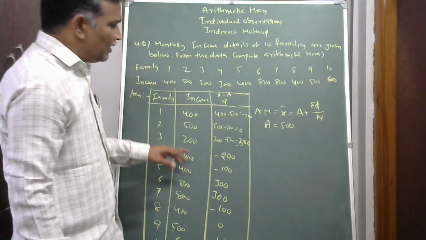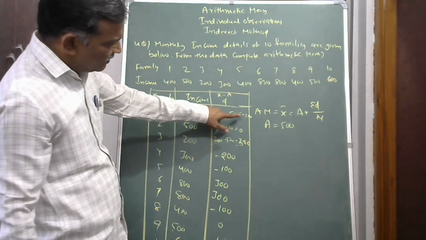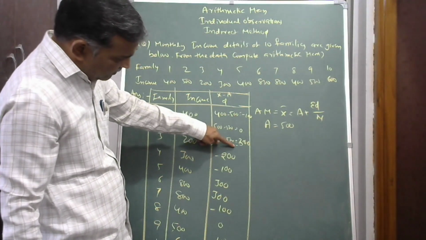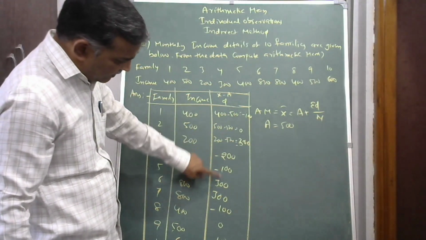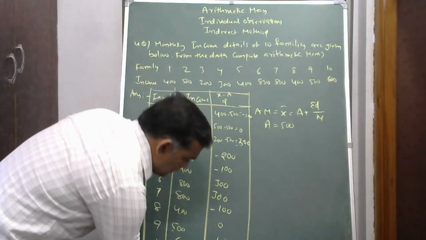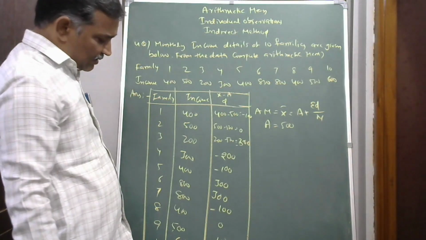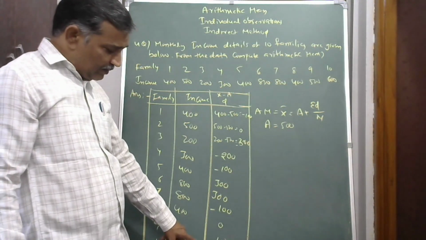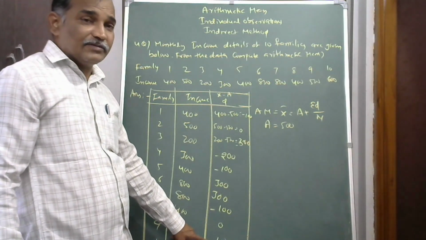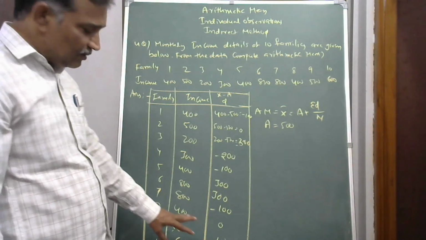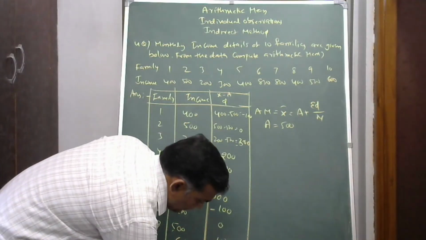Next we will take the negative values. Here 100, here 300, 400, 600, 700 and 800. So minus 800. If we observe this, the positive values are 700 and the negative values are 800. If you deduct that amount, it comes to 100.